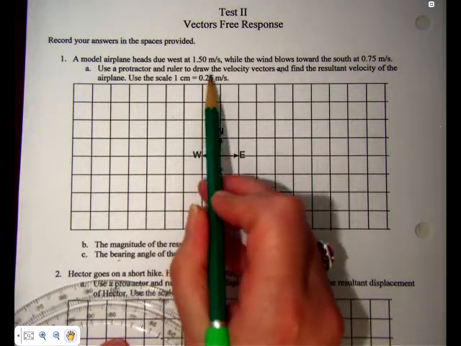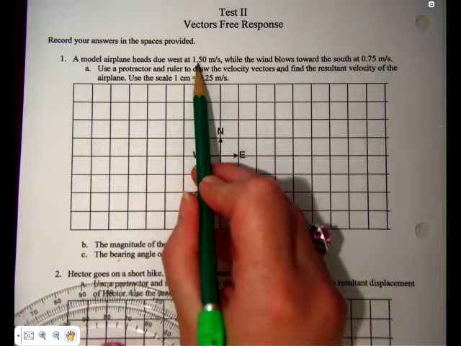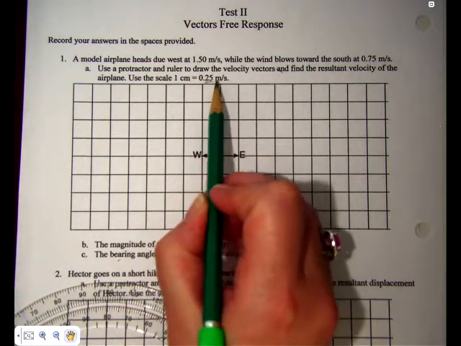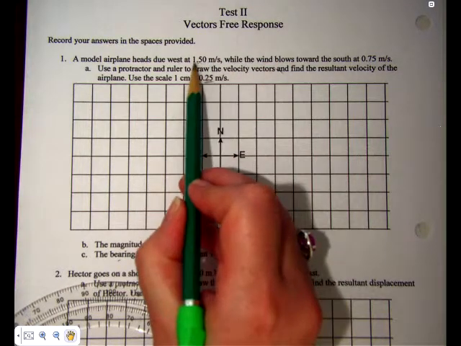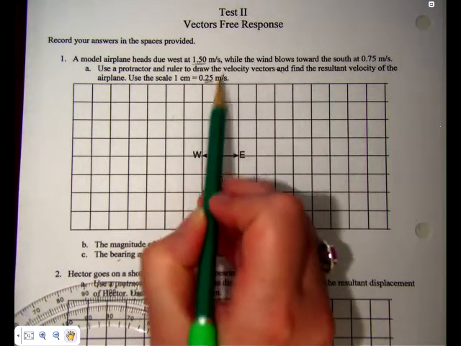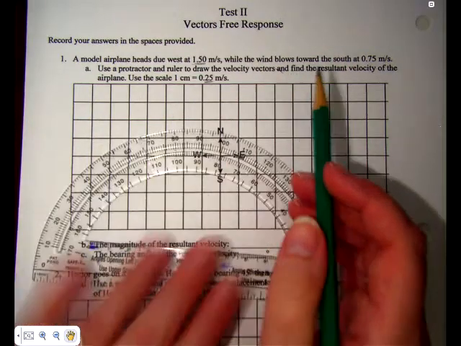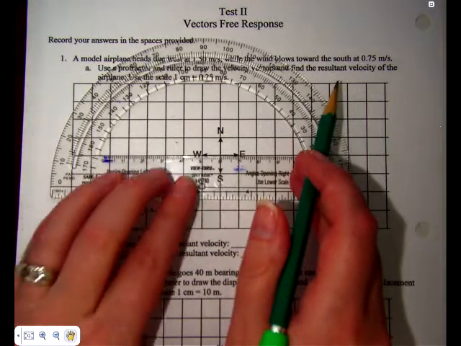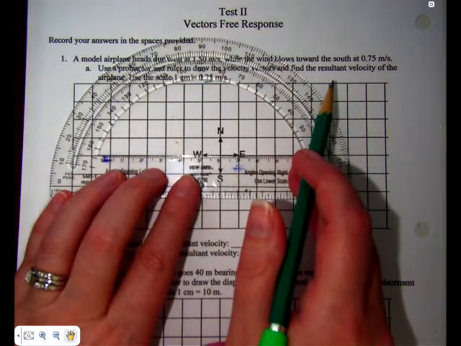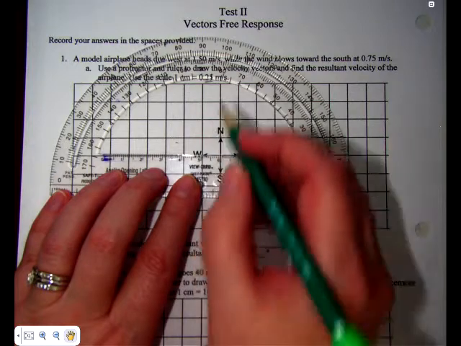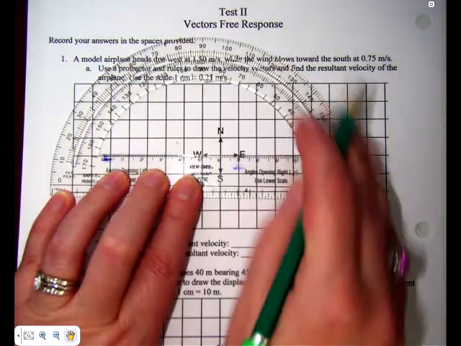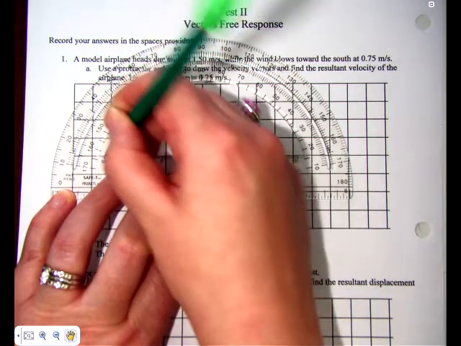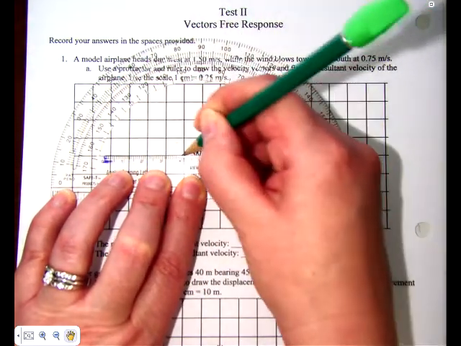So 0.25 will go into 1.5 6 times, because we know from doing money, to get $1.50 in quarters, we need 6 quarters. So we're going to line up our protractor with 6 centimeters. I'm going to put the 6 right at the 0 and draw a line 6 centimeters west.